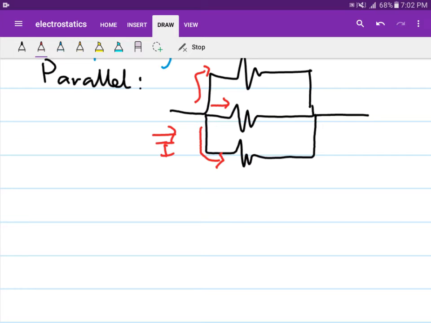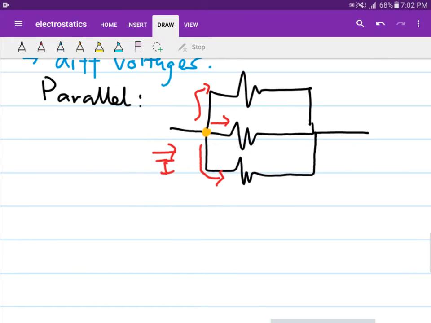So once this current enters what we call a junction, it will be split into three different values of current. So the current that this resistor will experience will be different from the initial current.